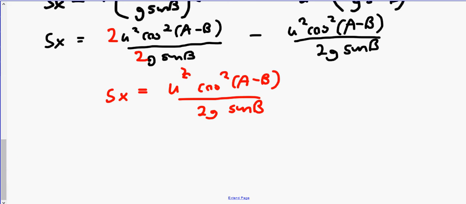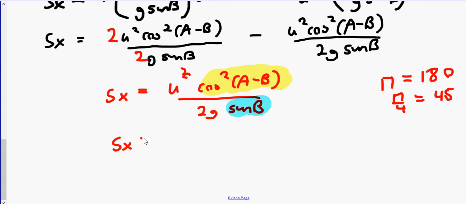Now there's one thing that doesn't belong. This won't belong, but I can get rid of this. So what can I do? Cos squared pi over 4. Does anybody know what pi over 4 is or what it means? Yeah, it means 45 degrees. Pi is 180, so pi over 4 is 45. Just remember that in future. If we see pi, it means 180 degrees. We're going to put in 45 in a sec. So it's going to be Sx equals u squared cos squared 45 over 2g sin beta.